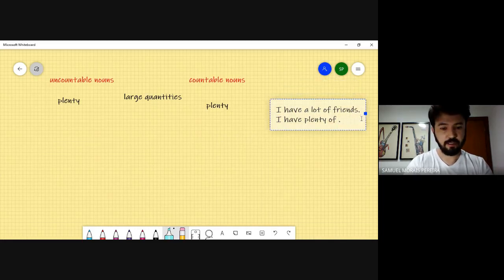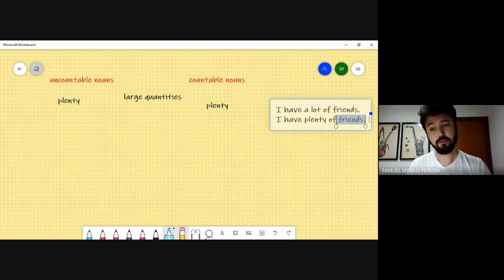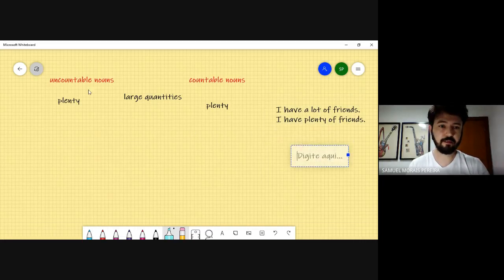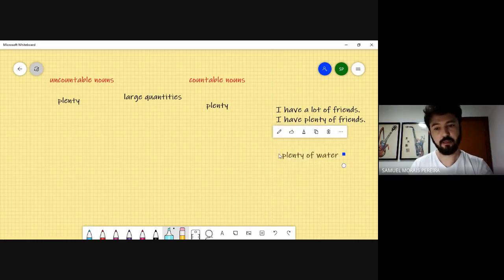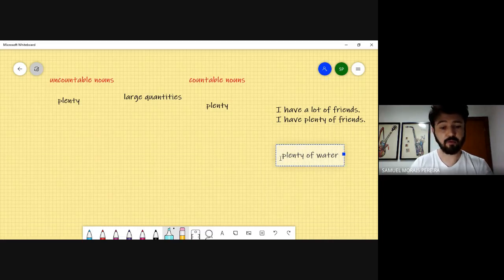So, as you can see here, I am using the word plenty with a countable word in the plural. Okay, but I can also use plenty with an uncountable word, a word that doesn't take plural form. So, for example, muita água, plenty of water. Por exemplo, havia muita água no chão.